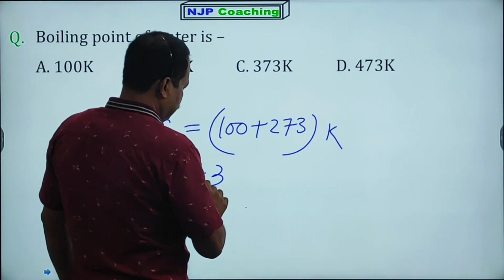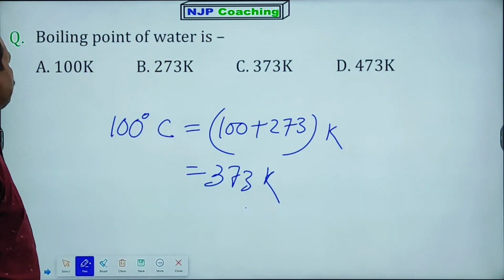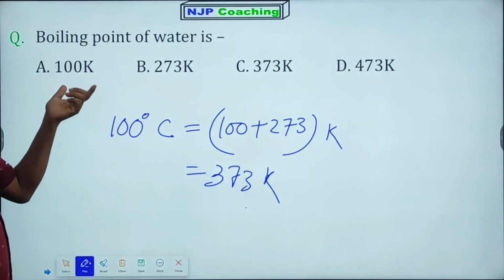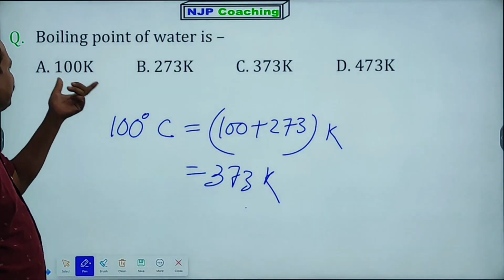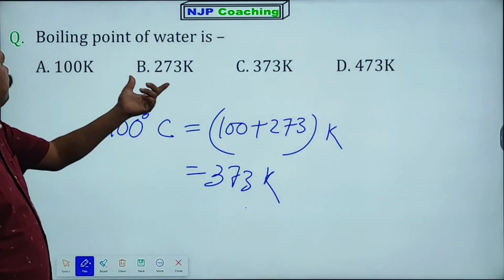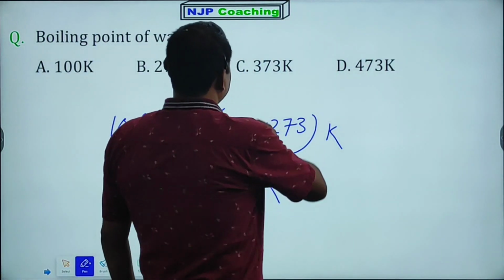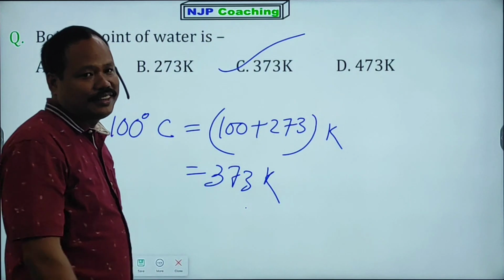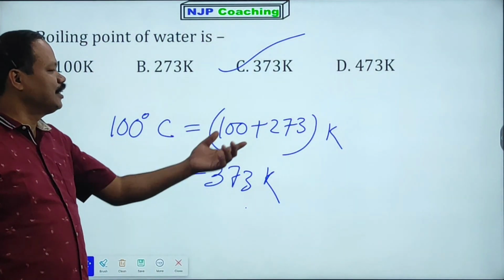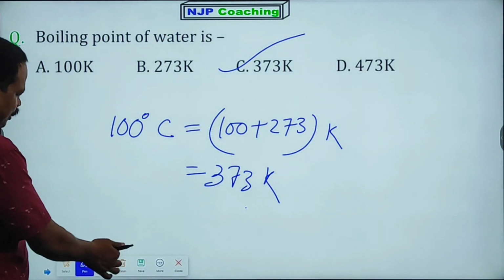So what is 373 Kelvin? 100 degree Celsius or 100 degree centigrade is correct. 273 Kelvin is the melting point of water. 470 is much more, and C is the right answer, that is 373 Kelvin, because 100 degree centigrade, 100 plus 273 equals 373. Okay, very simple.